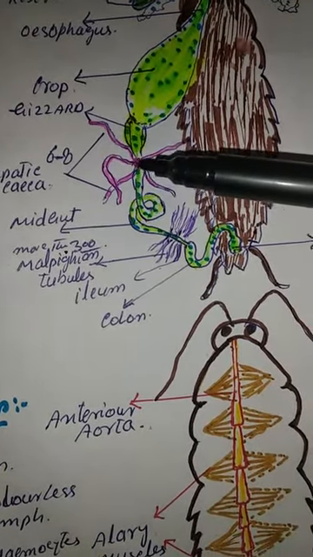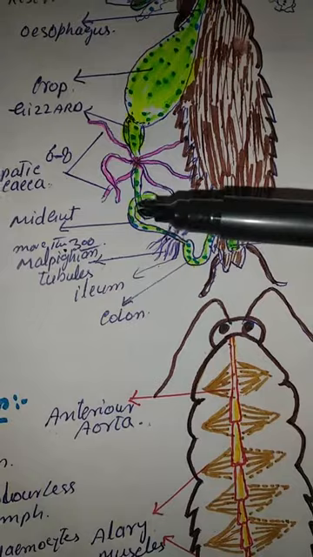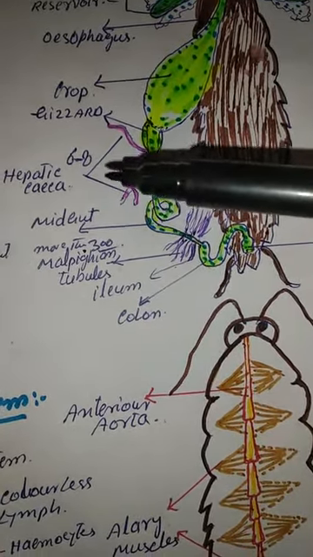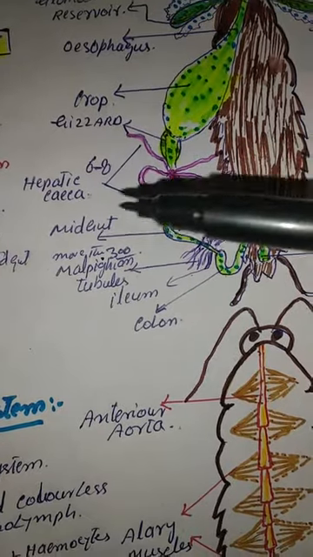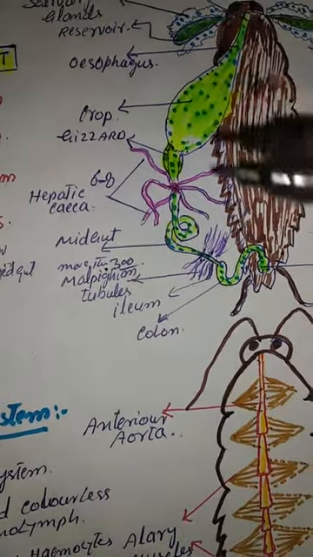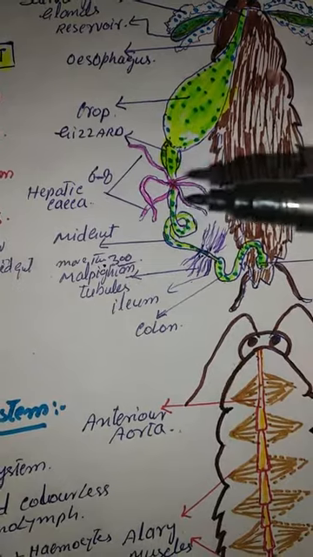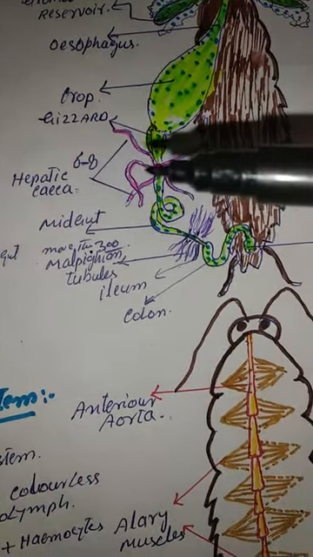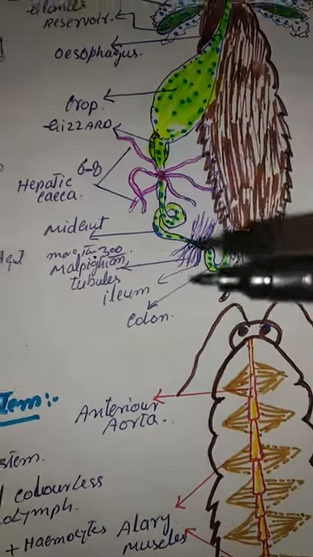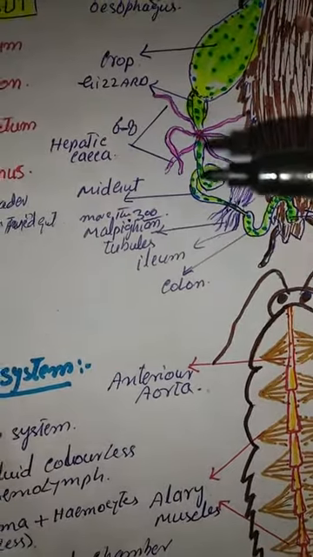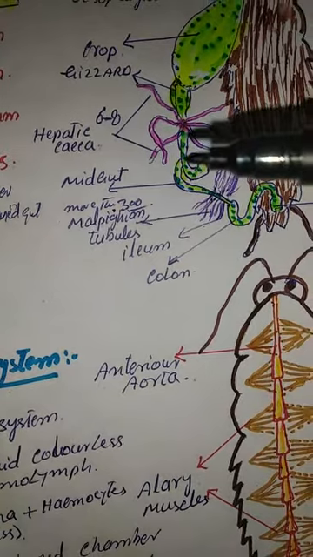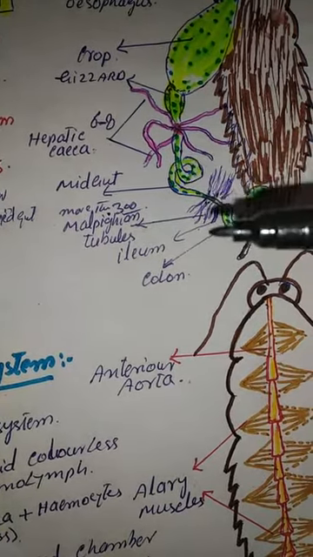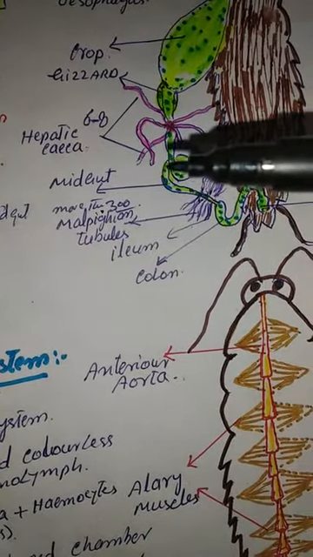Now at the junction of the foregut and midgut there are about 6 to 8 tubular hepatic caeca, which actually secrete certain digestive enzymes that help in the digestion of the ingested food. After hepatic caeca, this highly coiled tubular structure is the midgut.